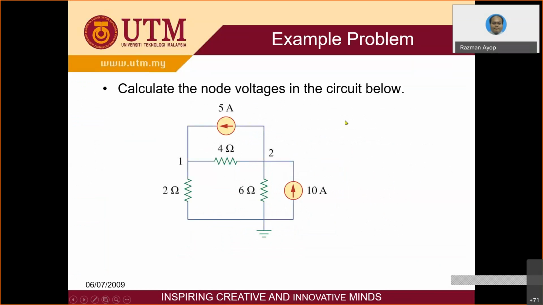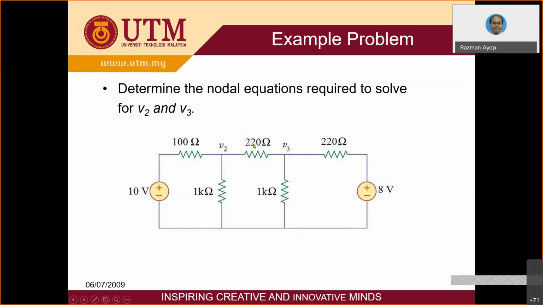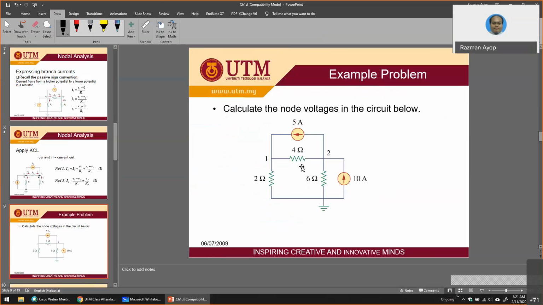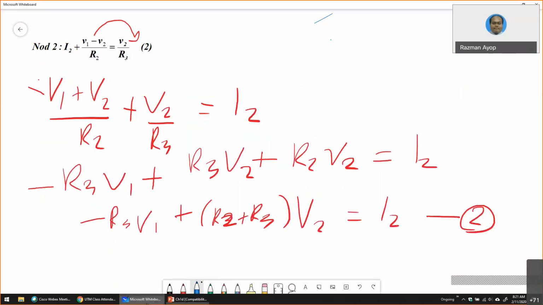Okay, next the problem is this one. Find the node voltage in the circuit. Example problem. So how to do this?